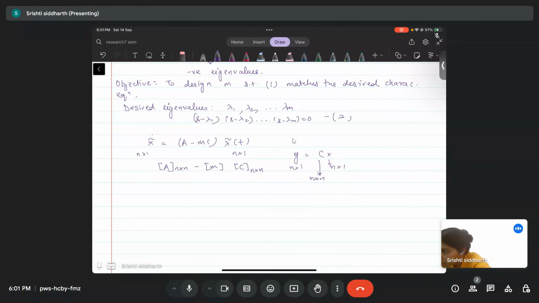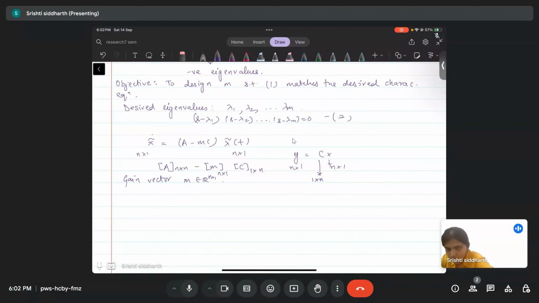Let me just check the dimension of this gain M. It should be n by 1, right? Yeah, C is actually 1 by n. Sorry about that. Let's correct this to 1 by n. Therefore, this is going to be n by 1. So the gain vector M belongs to the vector space n by 1. We have to design M such that the characteristic equation matches the desired characteristic equation.